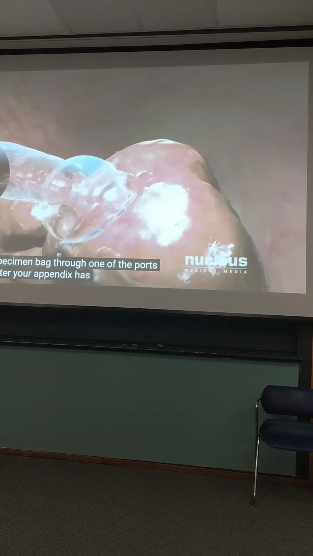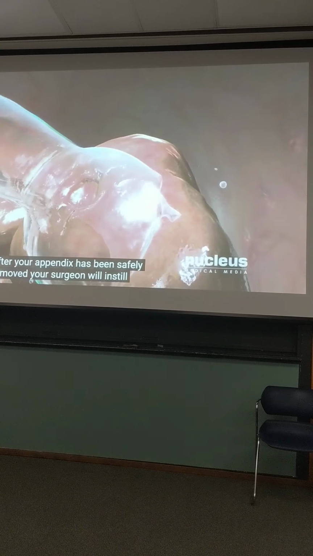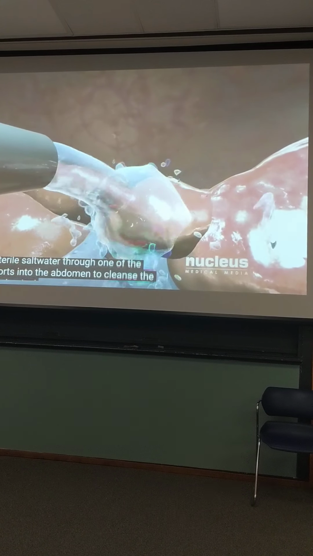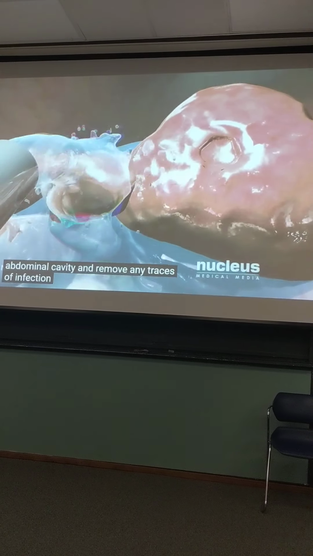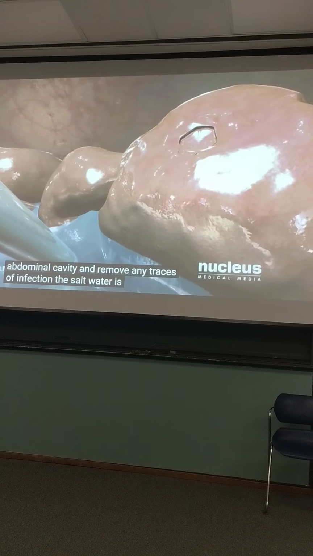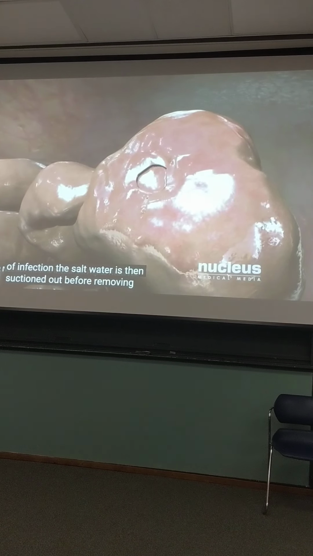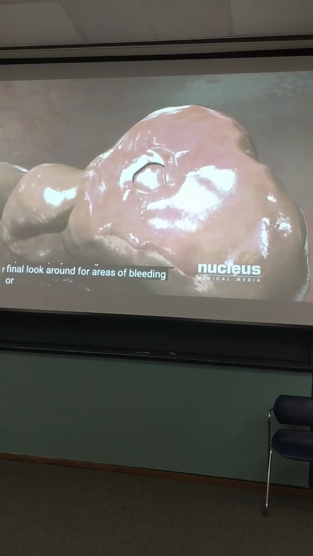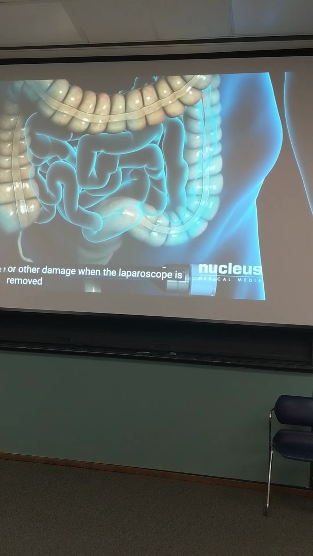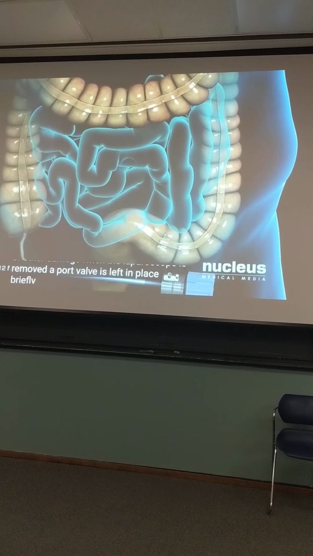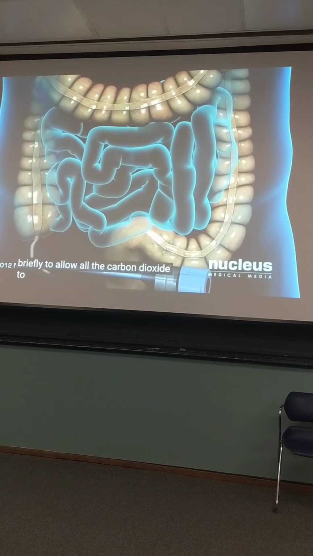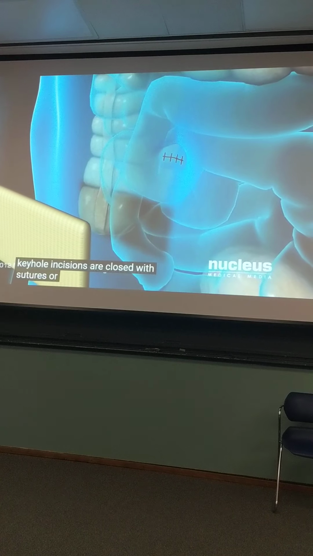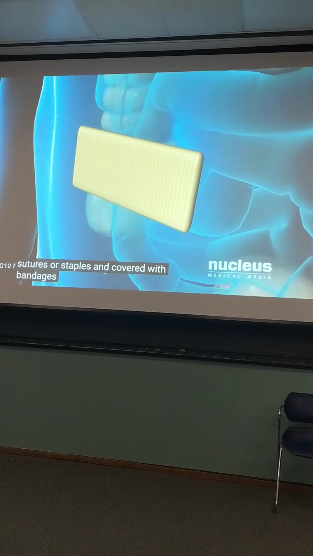After your appendix has been safely removed, your surgeon will instill warm, sterile salt water through one of the ports into the abdomen to cleanse the abdominal cavity and remove any traces of infection. The salt water is then suctioned out. Before removing the laparoscope, your surgeon will take one final look around for areas of bleeding or other damage. When the laparoscope is removed, a port valve is left in place briefly to allow all the carbon dioxide to escape from the abdomen. Finally, the keyhole incisions are closed with sutures or staples and covered with bandages.